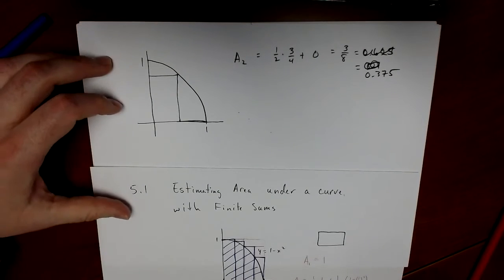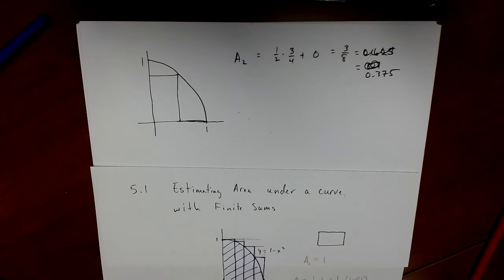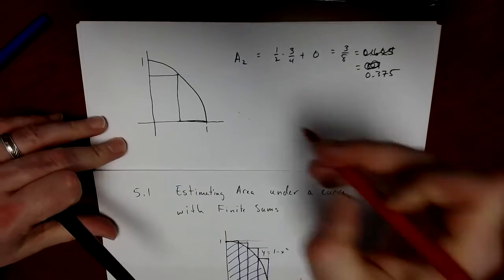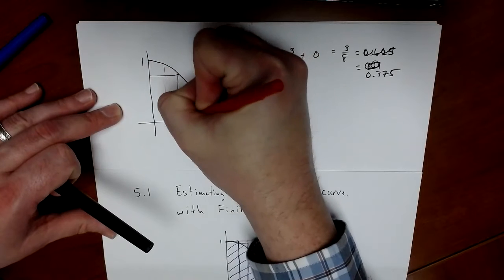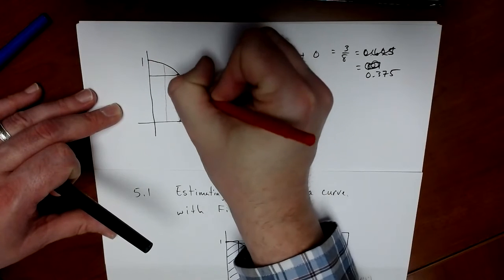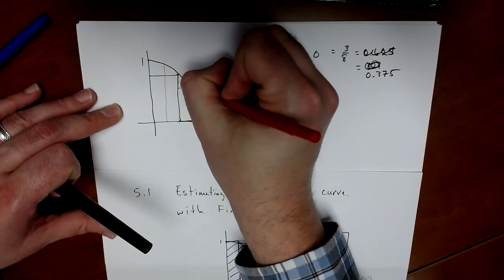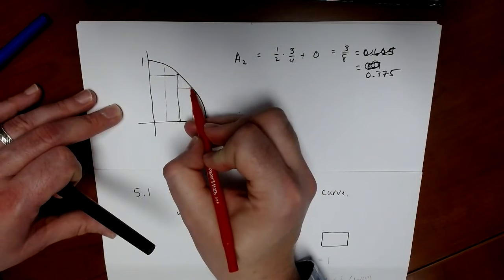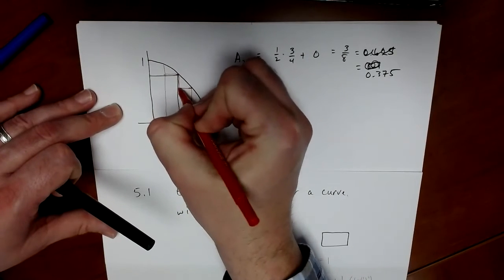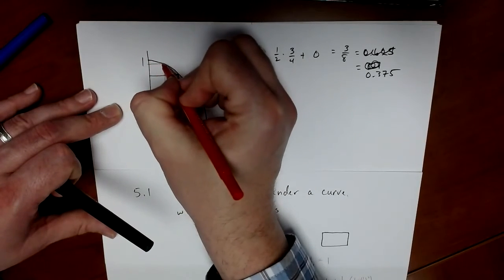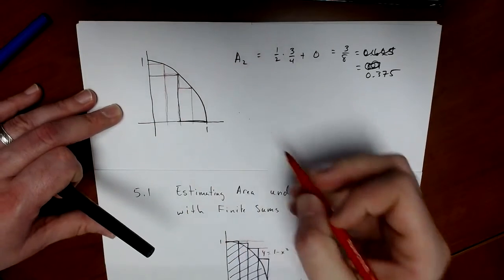And then if we were to do this with 4 rectangles, let me switch colors, then I get 1, 2, 3 subdivisions. Now remember, this is the right endpoint method, so the top of the rectangle needs to be at the right endpoint there.